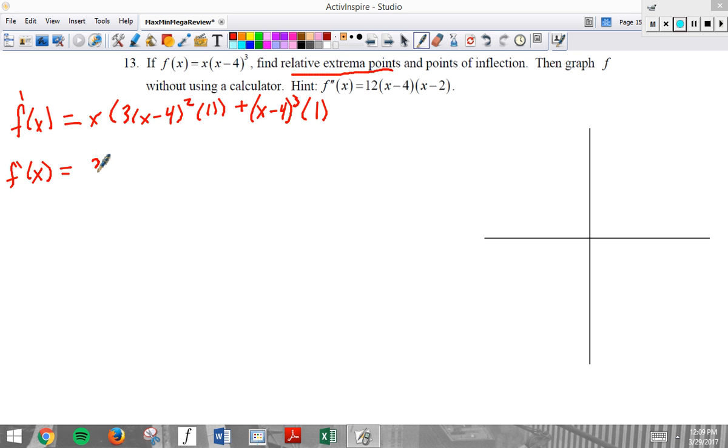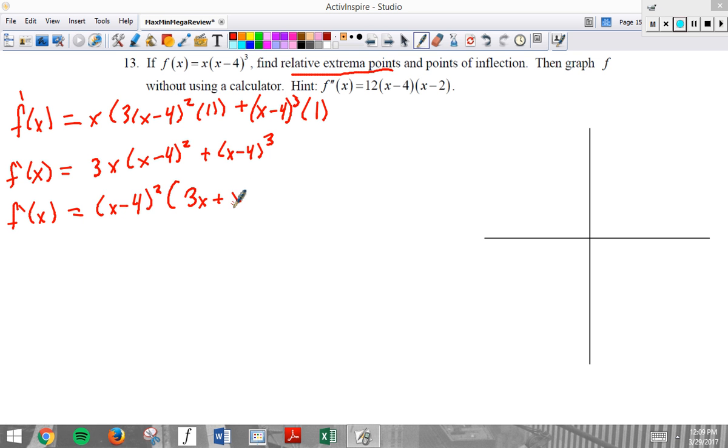First, I'm going to simplify it because right now it looks really ugly, and I think it'll be hard for you guys to see how to factor it. So I notice this guy has x minus 4 squared. This guy has x minus 4 cubed, so I'm going to just factor right off x minus 4 squared. That'll leave a 3x plus an x minus 4.